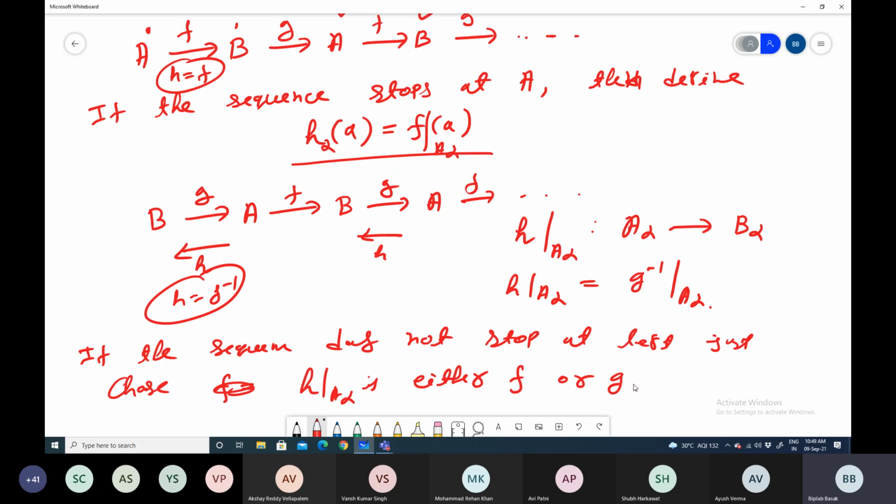You can either choose F or you can choose G. So both are fine. Okay. So in this way, you can get a bijection from A to B.